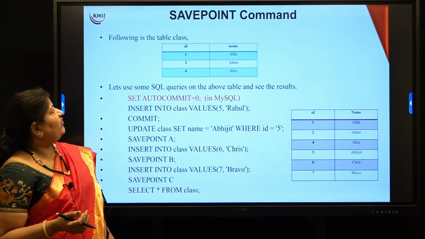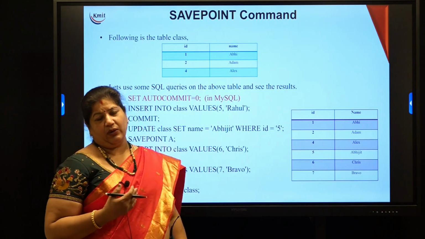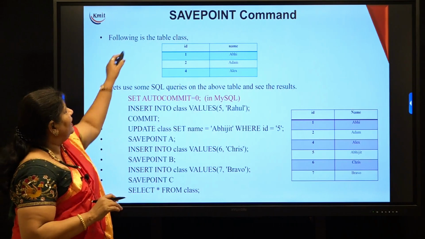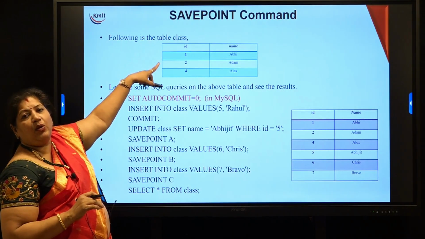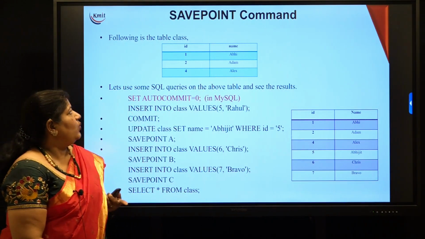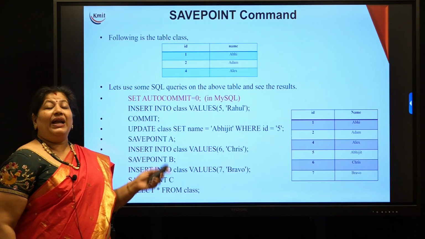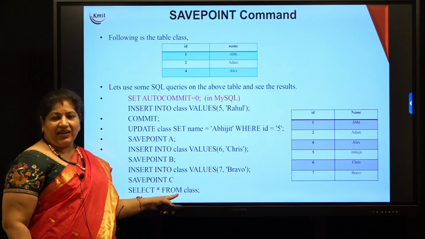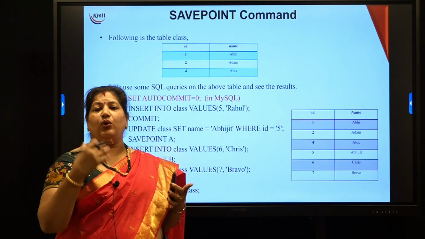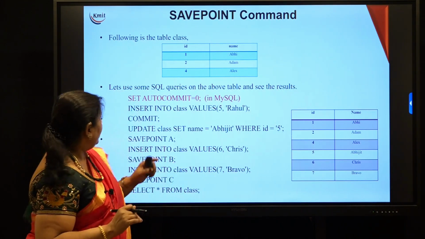Now let's see an example on these TCL commands. Let us assume that I have created a table called class with these 3 records, with IDs 1, 2 and 4. Now let us perform a series of actions and illustrate how rollback and rollback to a savepoint work.